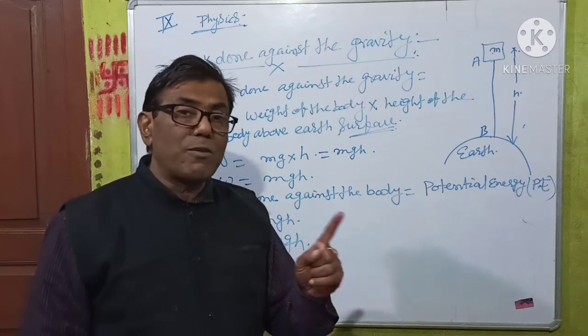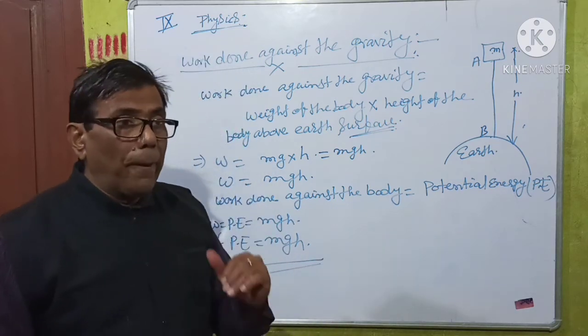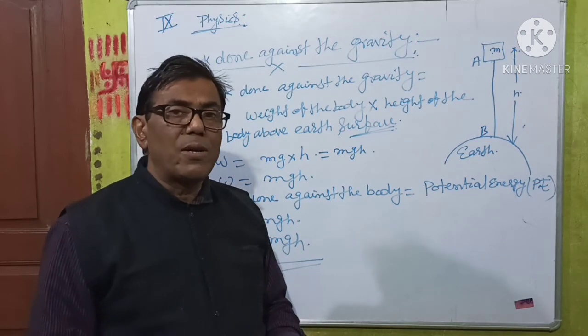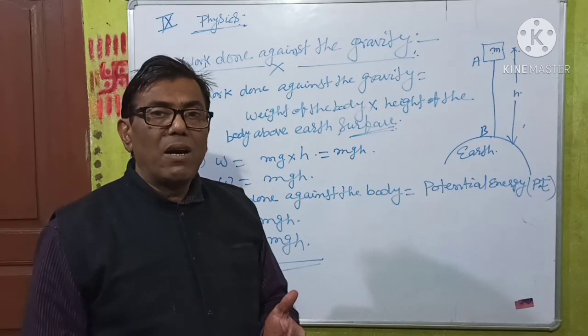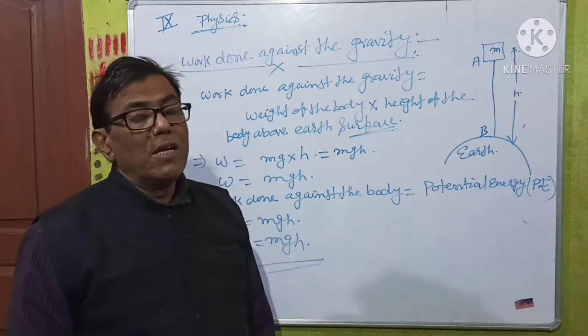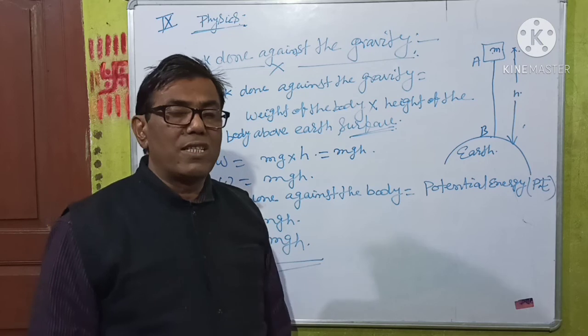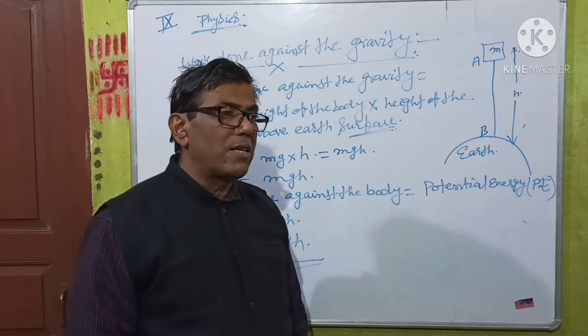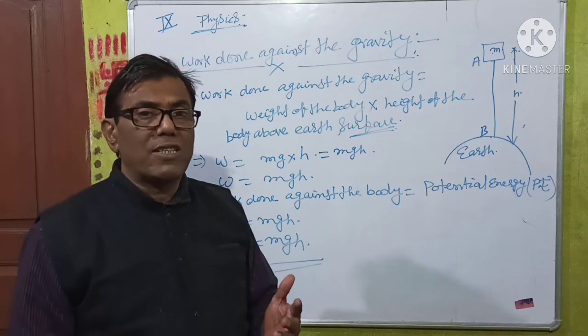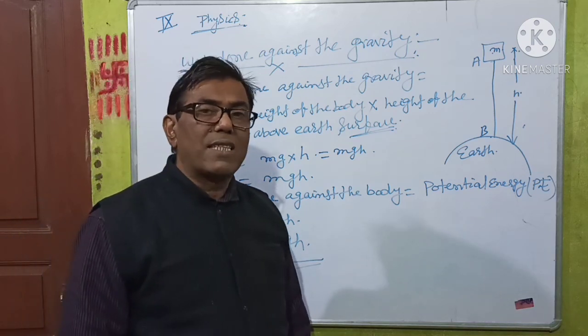The energy possessed by a body due to its position, shape, size, direction or height is known as potential energy. There are three types of potential energy: elastic potential energy, gravitational potential energy, and static potential energy.